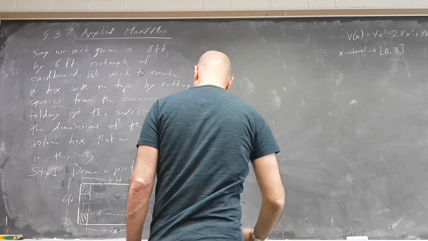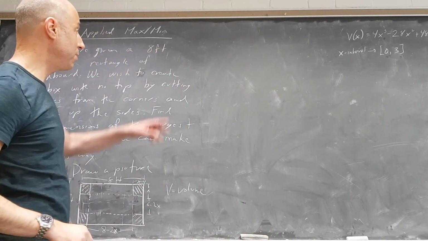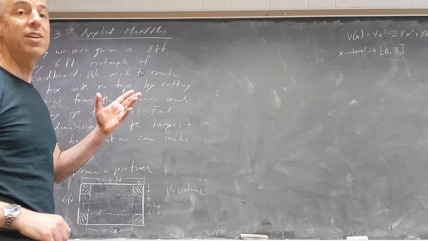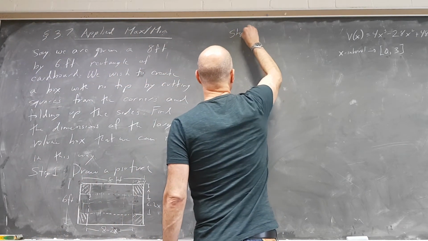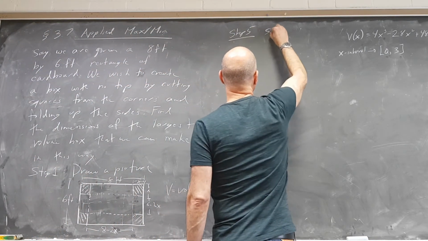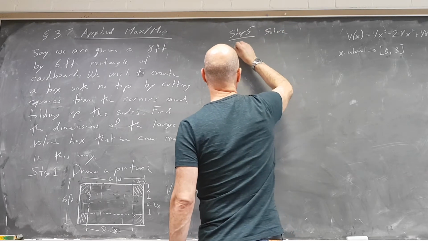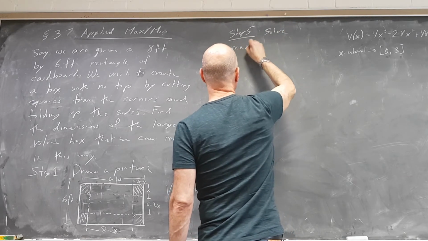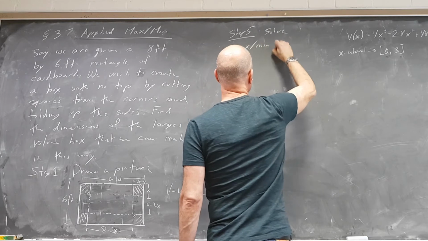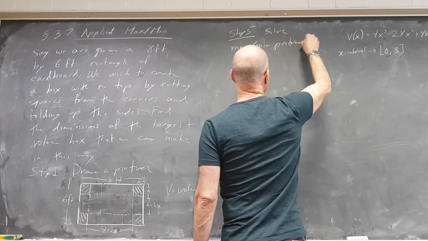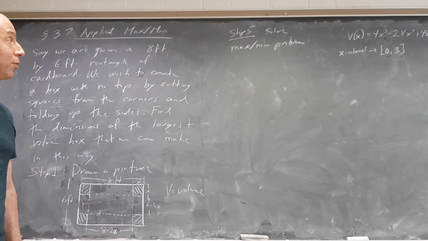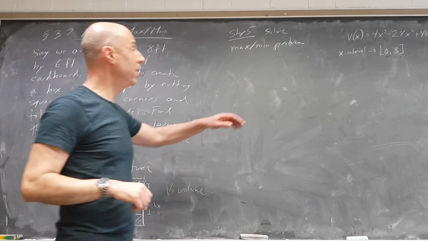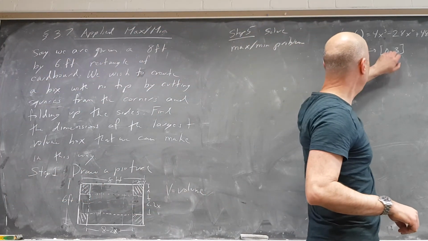So what are we up to now? That was step 1, step 2, step 3, step 4, step 5. Solve the max-min problem. So we have already done this many times. We have a problem with a continuous function on an interval.